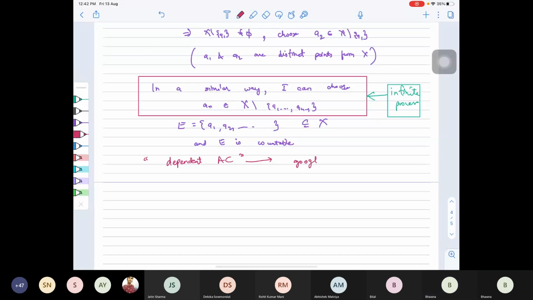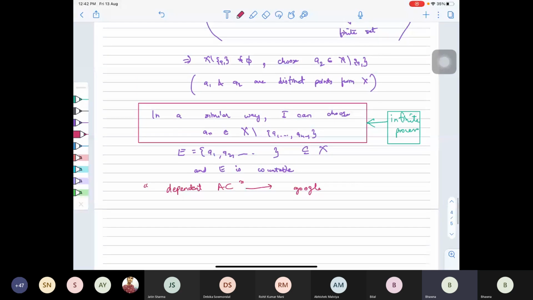I will not tell you further what the dependent axiom of choice is, but the problem with this proof was that it was an infinite process which was not going to finish in a finite time. So the proof is not completely correct. I can argue it is correct in some way. It will be correct if I add two or three lines here, but it has some problems.